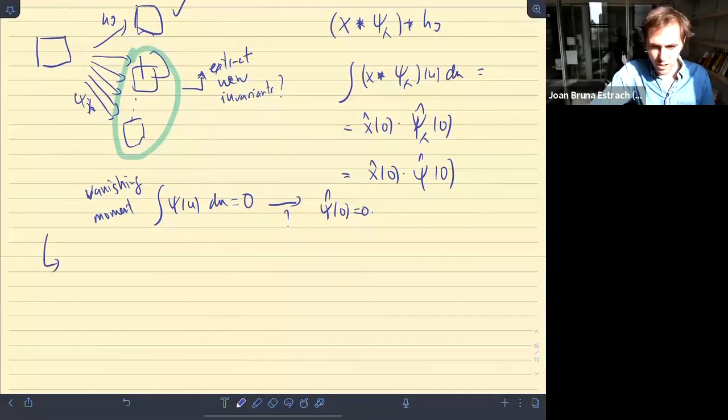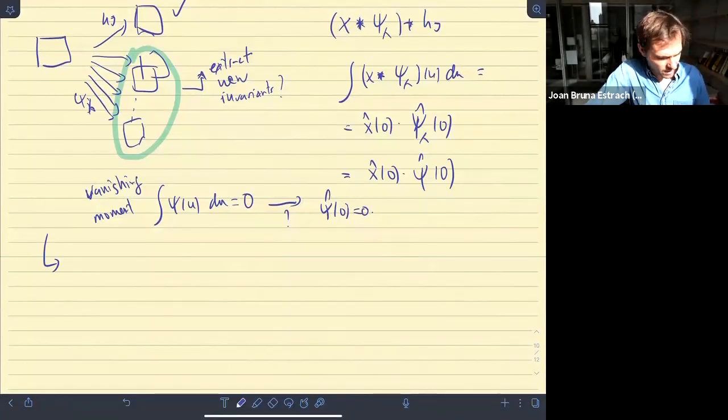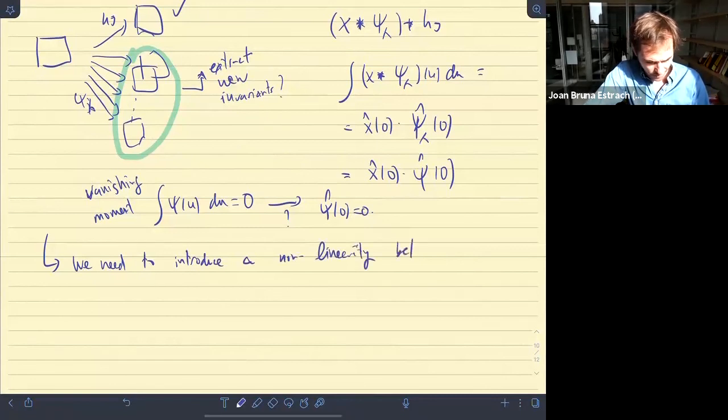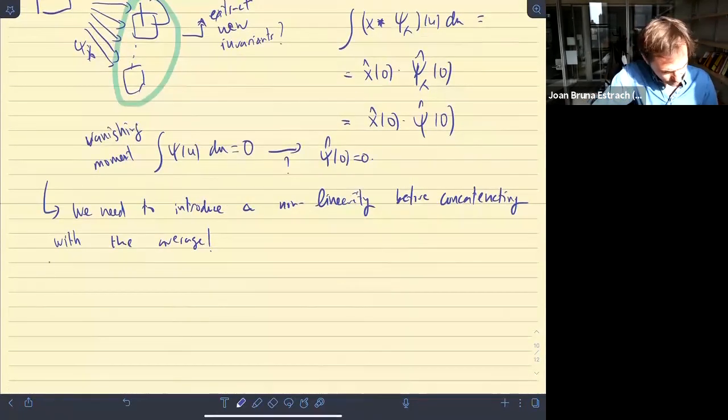So what we need is to introduce a nonlinearity. We need to take all these wavelets and apply a nonlinearity before concatenating with the average. For example, we can consider the modulus.